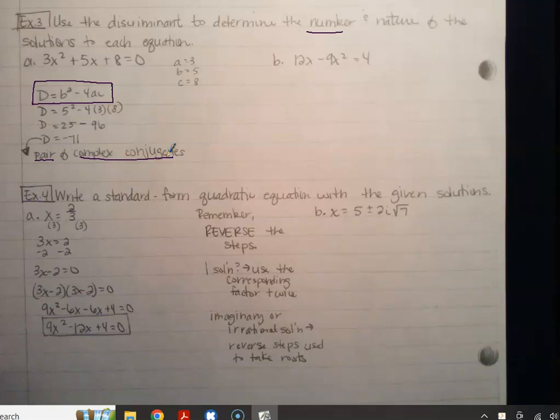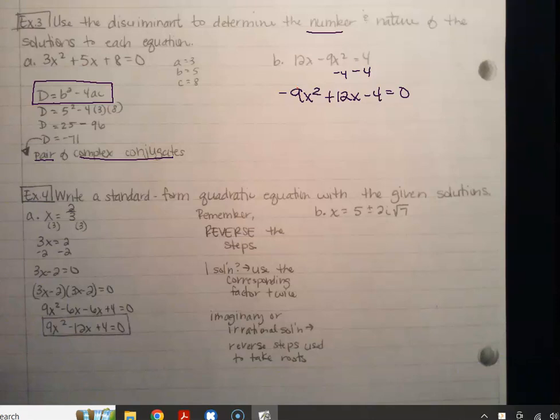So let's do B. We've got 4 over here, which we can't have, so let's subtract the 4 from both sides. Then we are left with 12x minus 9x squared. I just now realized those aren't even in the right order, so let's reorder them. We need to have negative 9x squared plus 12x minus 4 equals 0.